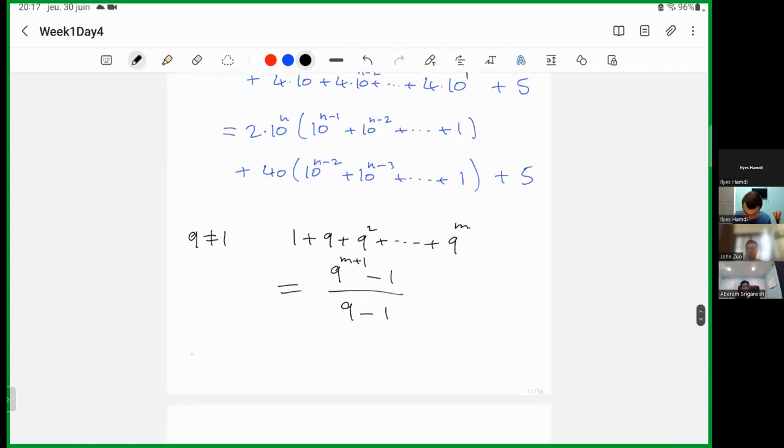Okay, so now I can just continue and express this using fractions. So 10 to the n minus 1 over 9 plus 40 times 10 to the n minus 1 over 9 plus 5.